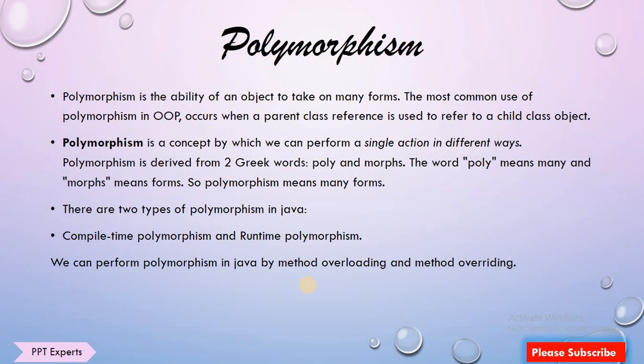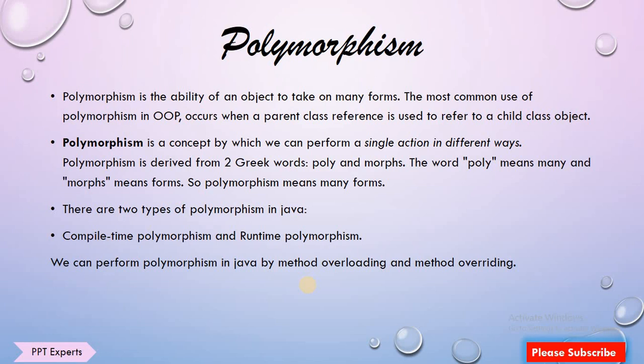The most common use of polymorphism is that a parent class reference is used to refer to a child class object. So for reference uses, polymorphism is used. Polymorphism is a concept by which we can perform a single action in different ways. It is derived from 2 words, poly and morphs.